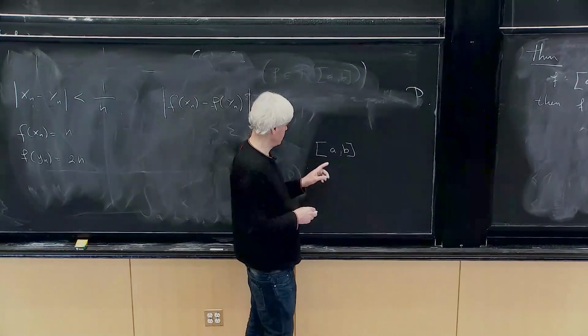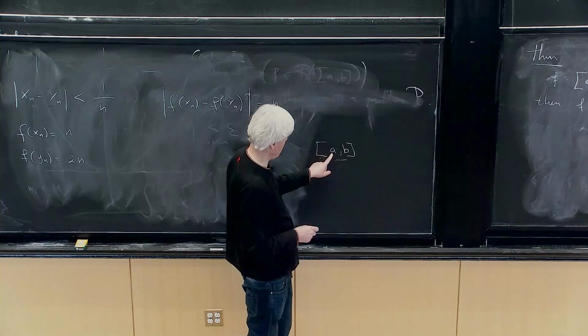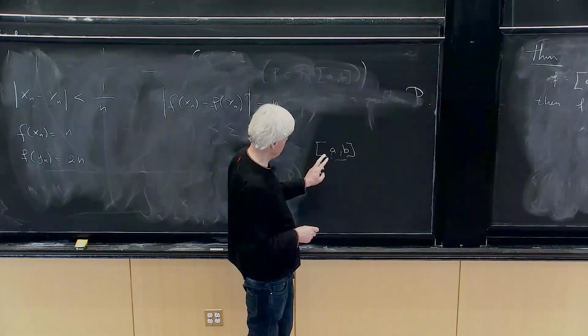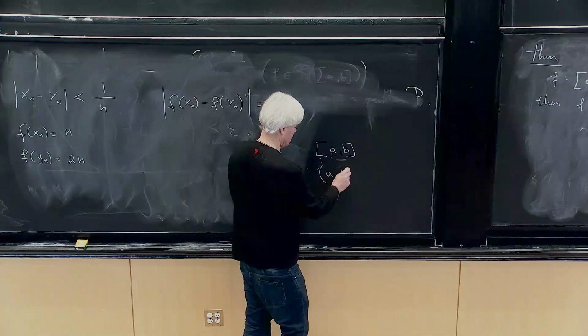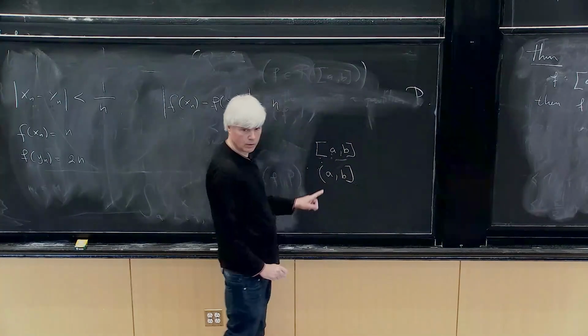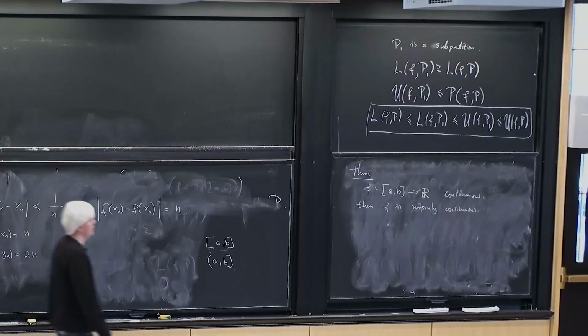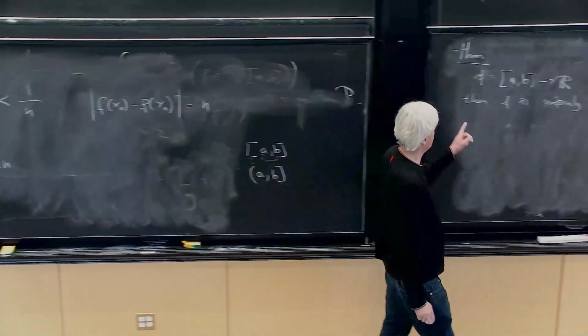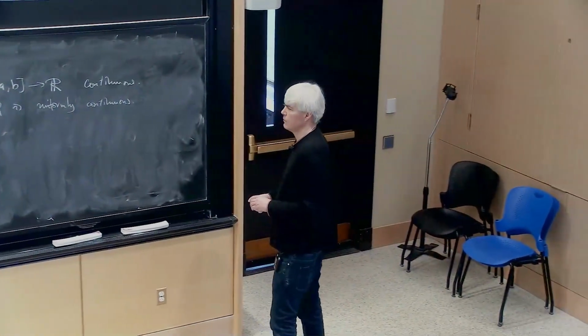So when I'm writing it like this, a and b are real numbers, and they are both included. If it was like this here, then one endpoint is included, but the other one is not, so it's not actually compact. And so if the function here is continuous, then it's uniformly continuous. That's what we want to prove.